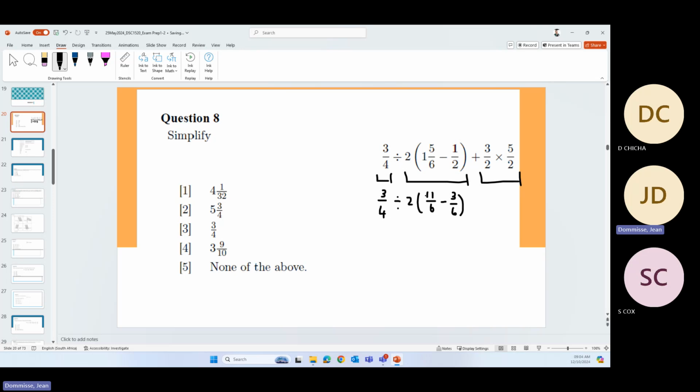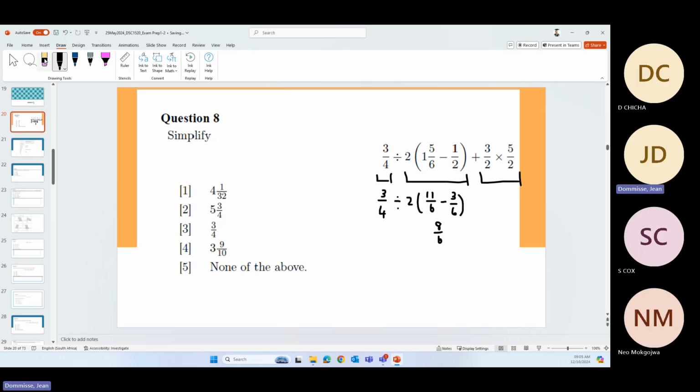Then we can say 11 over 6 minus 3 over 6 is actually 8 over 6. And if we multiply it out by 2, we're actually getting 16 over 6. Okay, so we have sorted out those 2 terms, and we will now do what we need to do with the division.